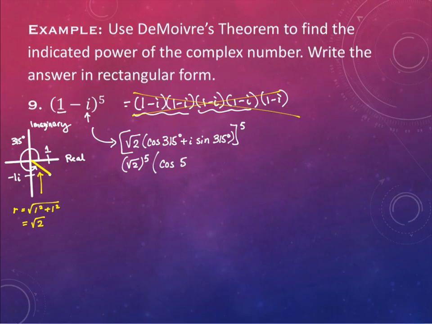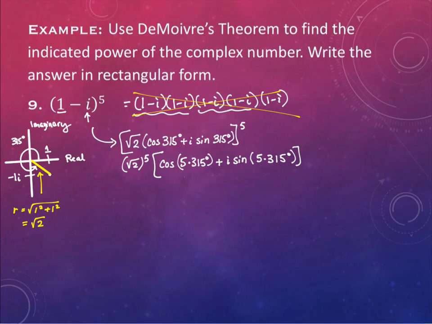I'm going to have cosine of 5 times the 315 plus i sine of the same, 5 times 315. Trying to keep my brackets and parentheses straight. There's a lot going on here. Let's go with those being brackets so that we've separated them a little bit better.